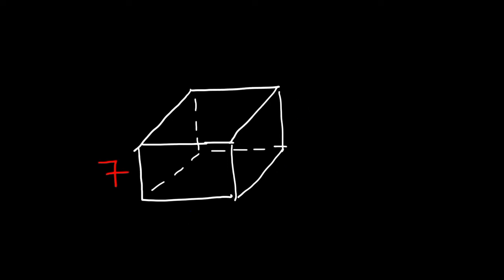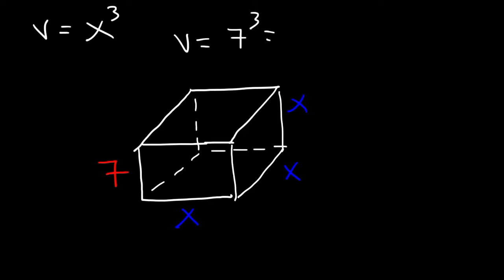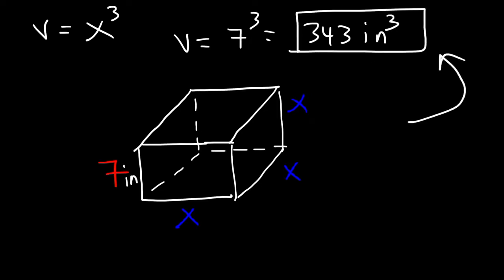However, for a cube, all sides are the same. So this is x, x, and x. So it turns out that the volume of a cube is just x cubed. So in this example, it's going to be 7 to the third power, or 7 times 7 times 7. 7 to the third power is 343. So if this was 7 inches, this would be 343 cubic inches. And that's all you need to do in order to calculate the volume of a cube.